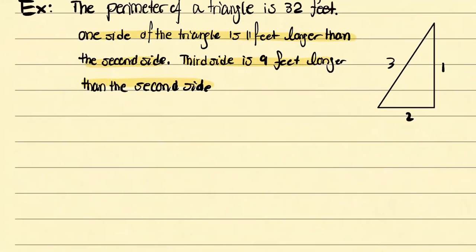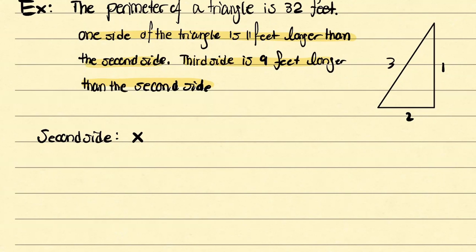So I'm going to say the second side has the length x. And now, since I've given the second side a length, I can write all of the lengths together.